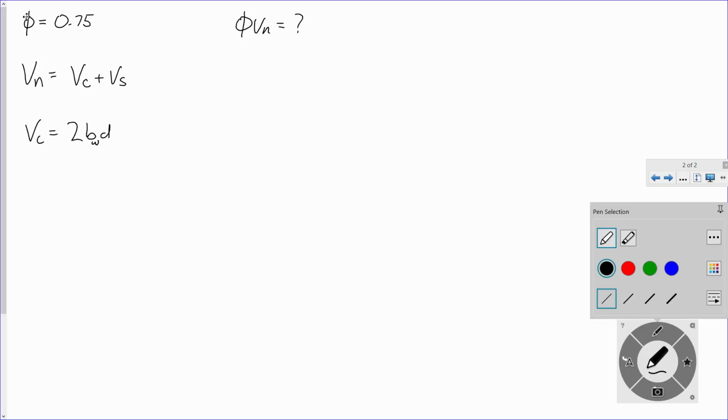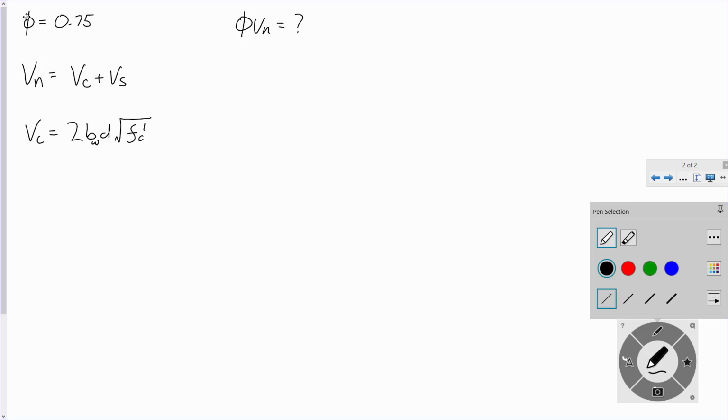Remember anytime you see that square root of f'c, it is an empirical relationship, which means you put in psi and you get out psi.